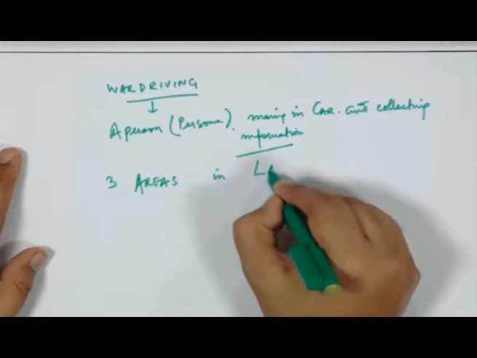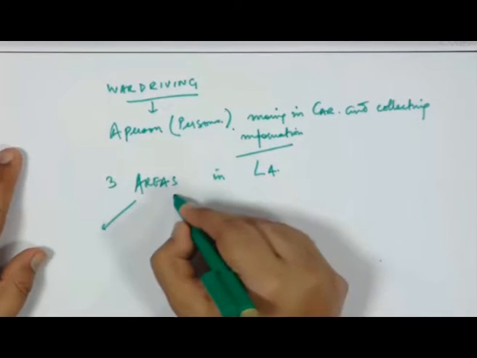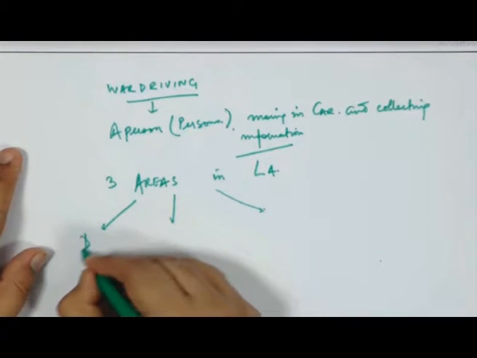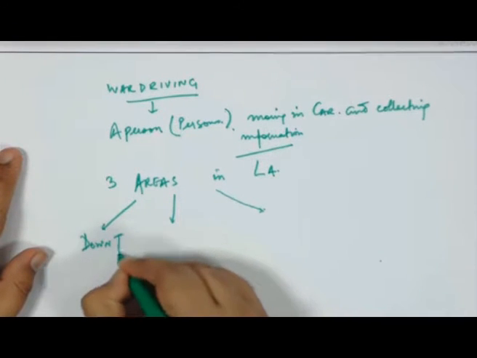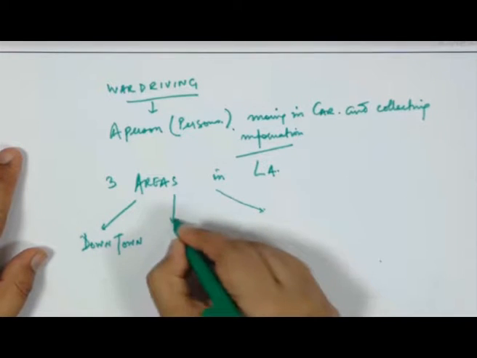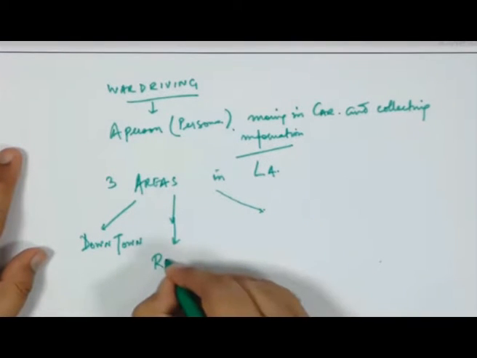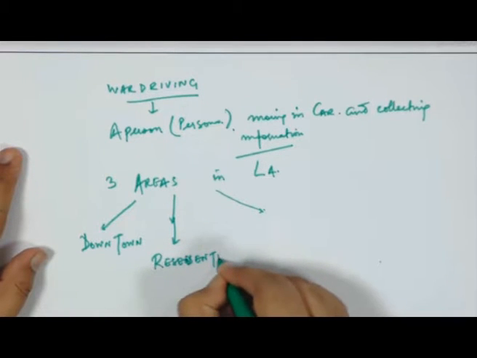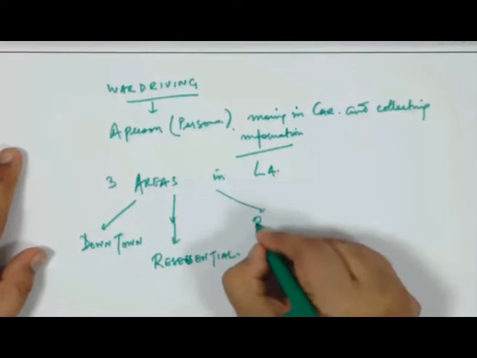And what are the 3 areas? They were considering the downtown, the residential area, and the rural area.